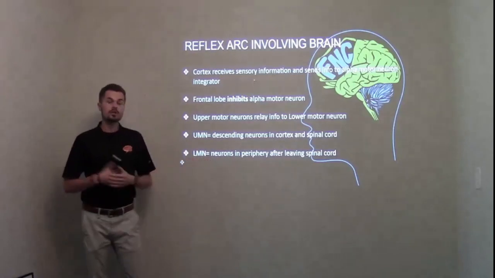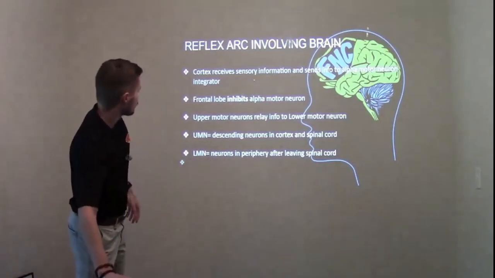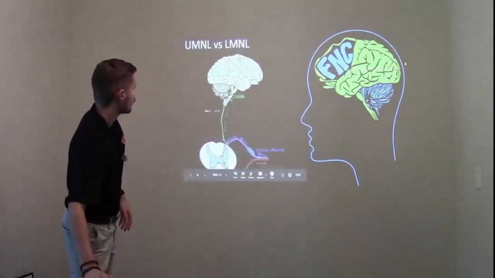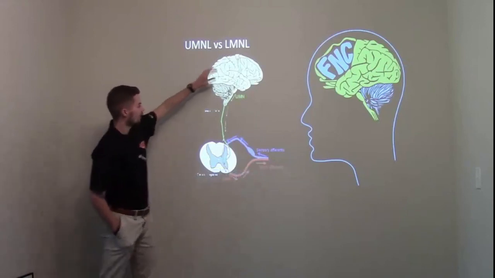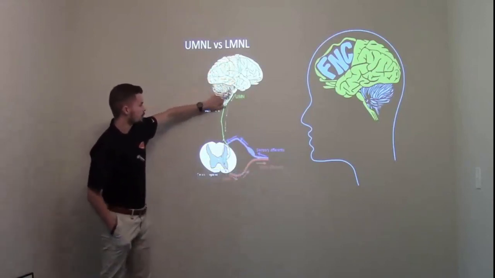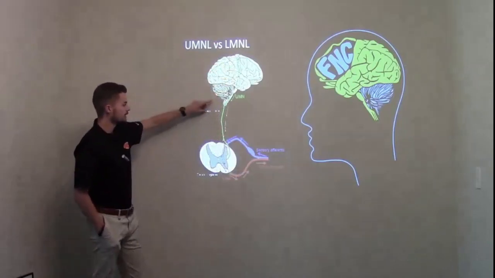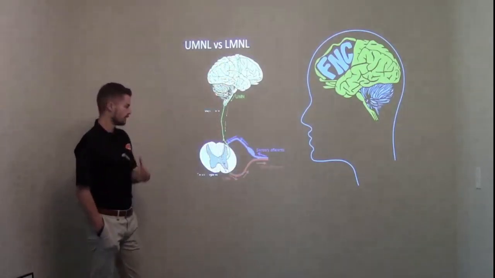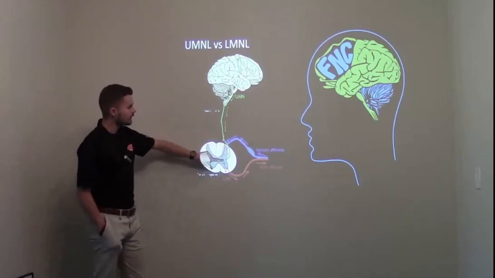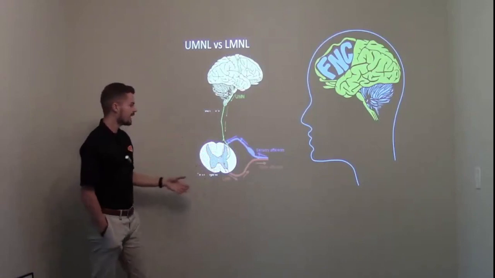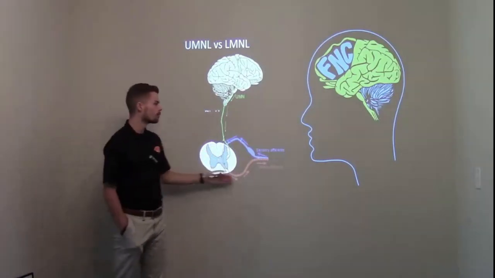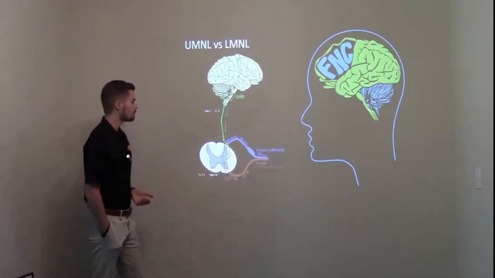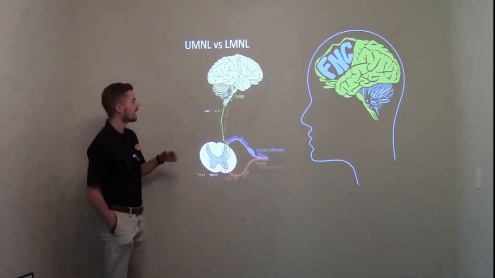Okay, so then we start talking about what happens if you have an upper motor neuron lesion or a lower motor neuron lesion. Here we have the diagram showing you that everything here in the green is an upper motor neuron, traveling from the brain into the spinal cord and down the spinal cord as well. It's going to come in and inhibit those alpha motor neurons. Then everything leaving the spinal cord is going to be our lower motor neurons, our motor efferents, okay? So let's say that I have an upper motor neuron lesion.